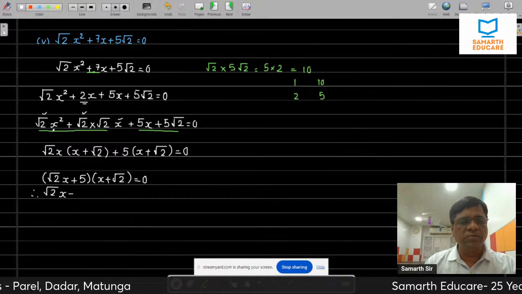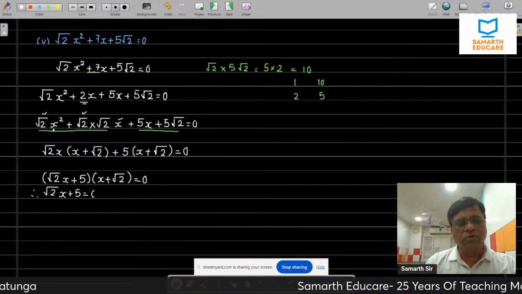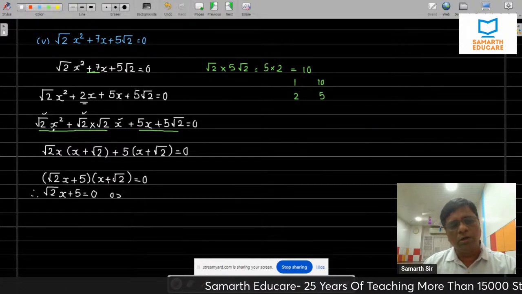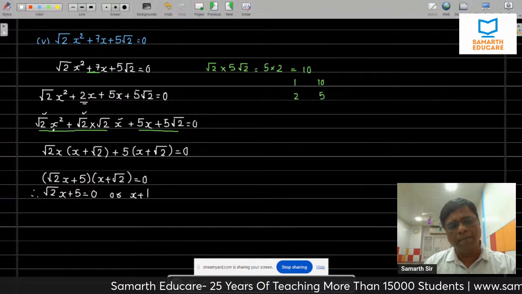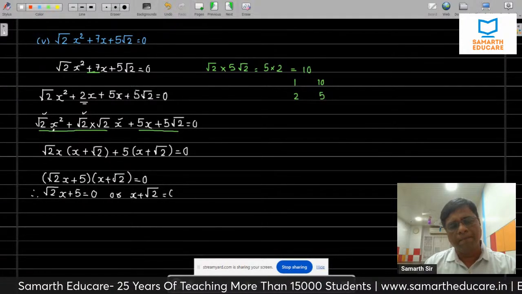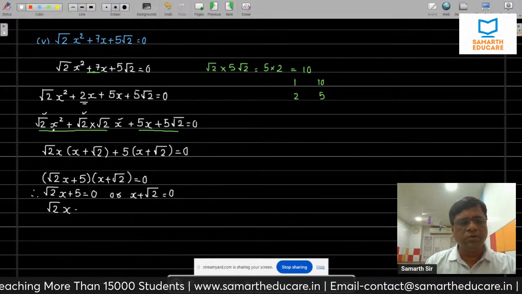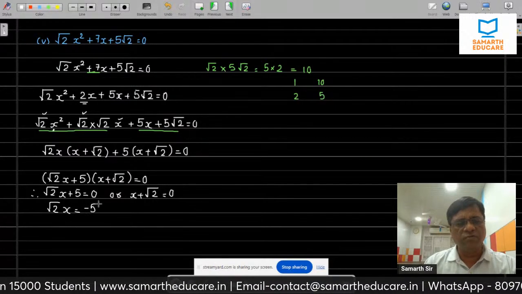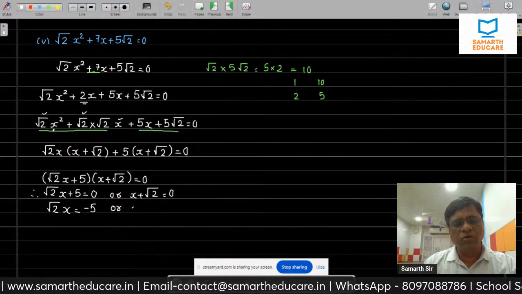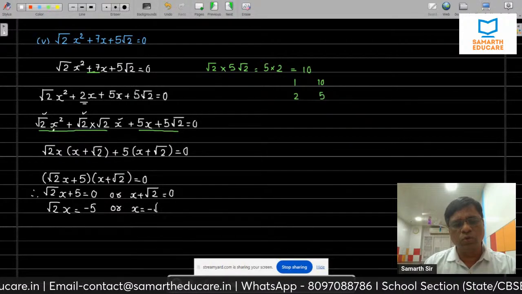So root 2x plus 5 is equal to 0. So root 2x is equal to minus 5, and the value of x becomes minus root 2.